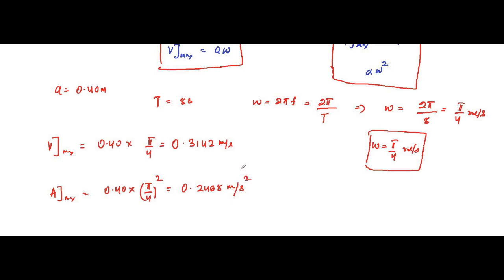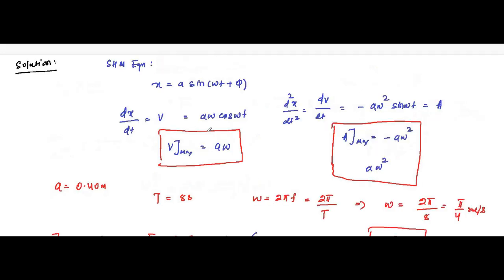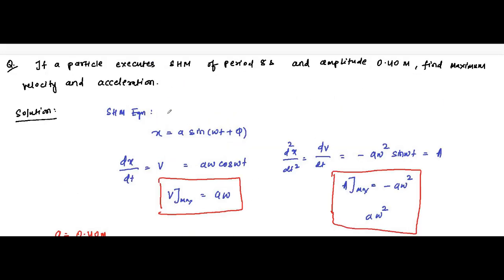Okay, so these two parameters we were asked to find, the maximum value of velocity and the maximum value of acceleration. So we got it. Again a very good basic question related to SHM, simple harmonic motion equation.